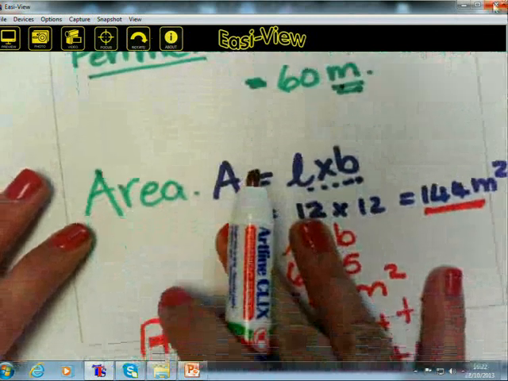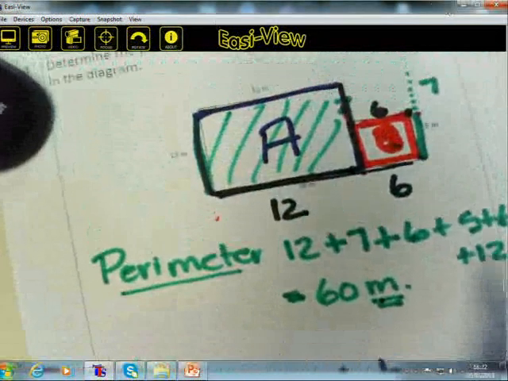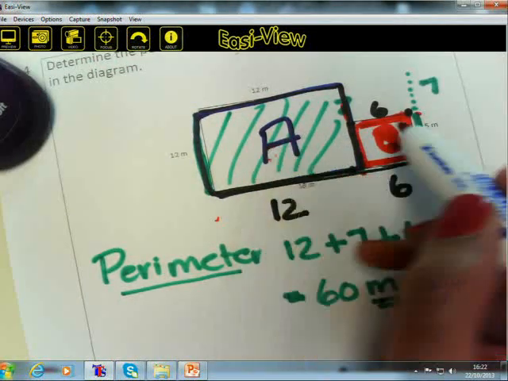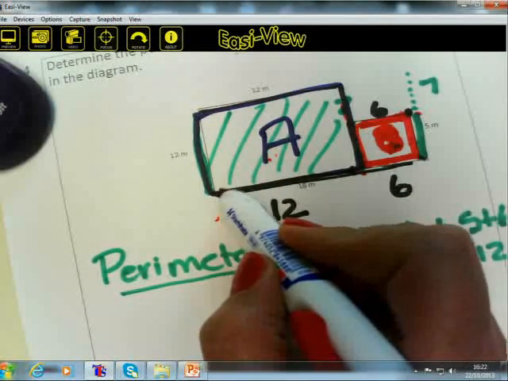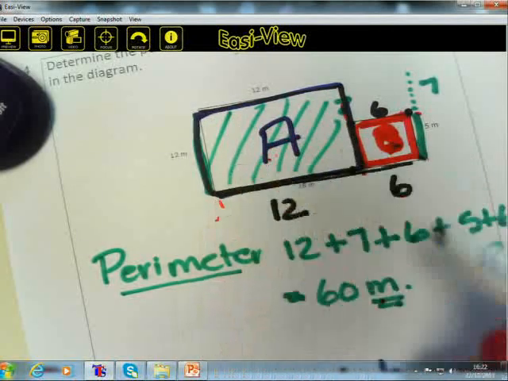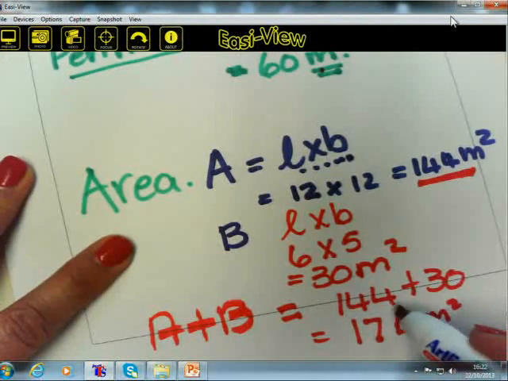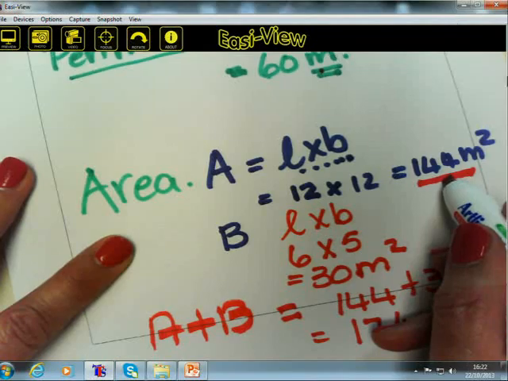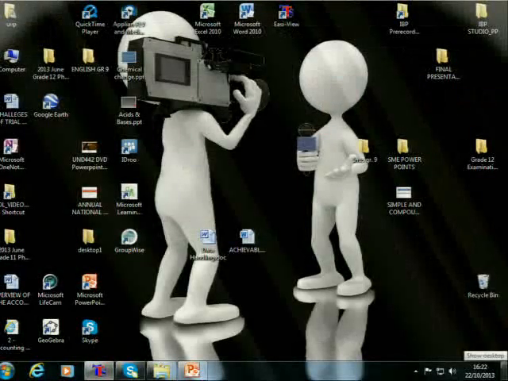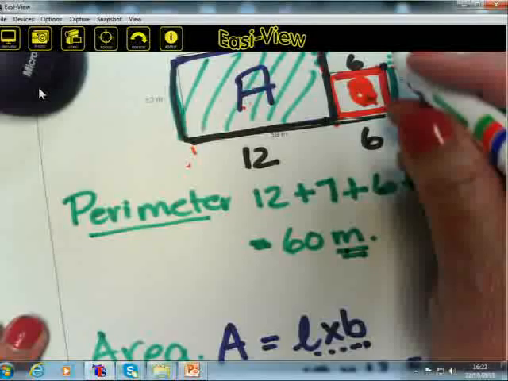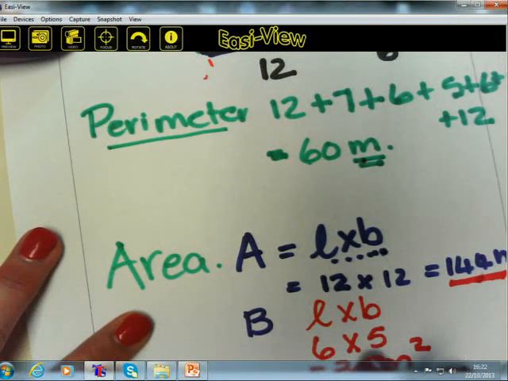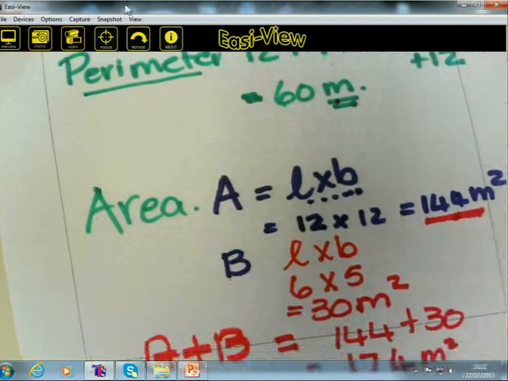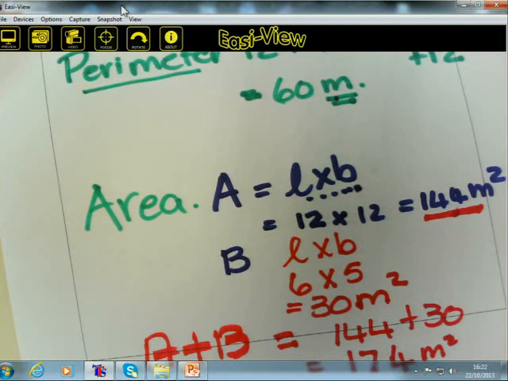To calculate the area, we broke it down into two parts, part A and part B. We got the area of that rectangle was L times B. And it gave me 12 times 12, which was 144. To get the area of the other one, it is 6 times 5, and that is 30. So it will give me 174, the final answer.